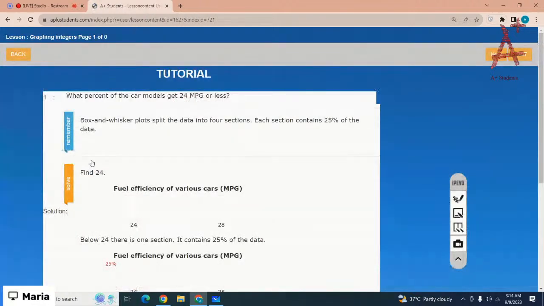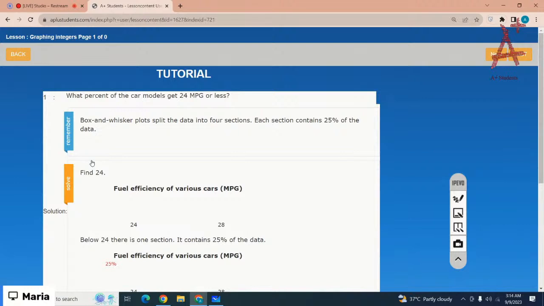What percent of the car models get 24 mpg or less, right? Basically, we have to use the box and whisker plot for the data. The box and whisker plot converts the data into 4 sections, right? So you have 100%. When you convert the 100% into 4 equal parts, that would be 25% each, right?